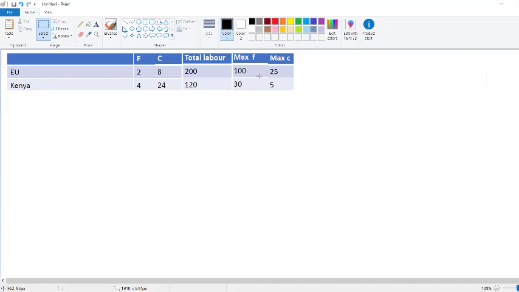So simply speaking, when you're dealing with the terms of trade and you have the maximum food or chemical that you can produce based on the labor, all you have to do is work out the terms of trade for carbon.